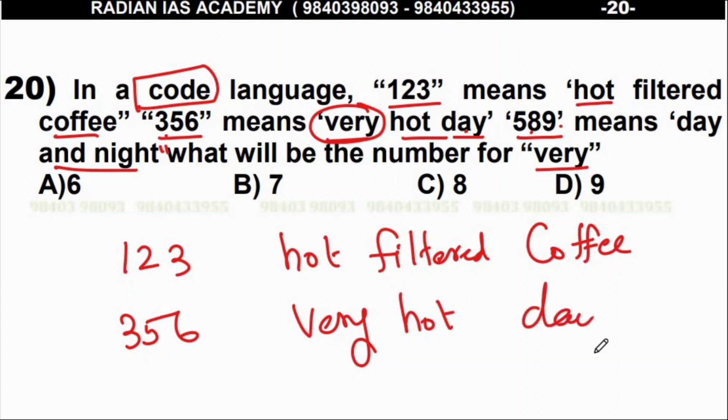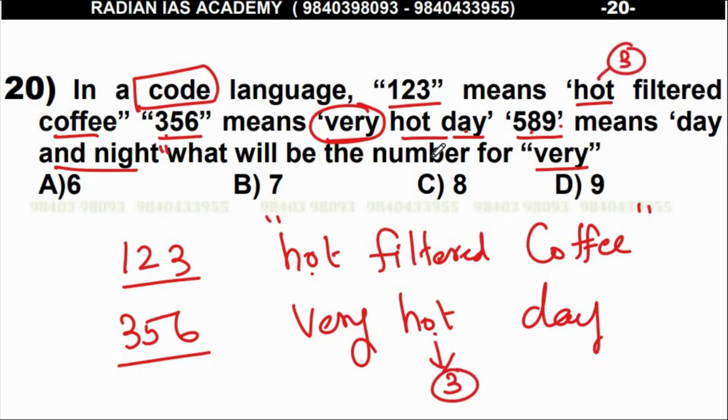Now tell me, which number does hot represent? Hot appears in both expressions. Which digit is common to both 123 and 356? 3. So hot must be 3.